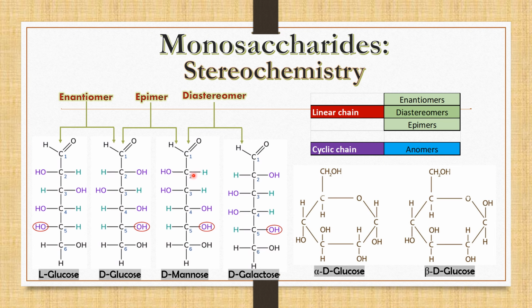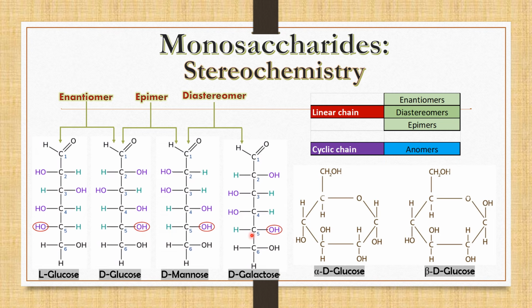So here we see that there is a difference between D-mannose and D-galactose around carbon 2 and carbon 4. And if the differences between two monosaccharides occur in more than one chiral carbon, we call such a pair diastereomers. If it is only one, it is an epimer.